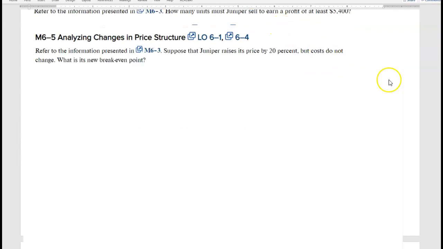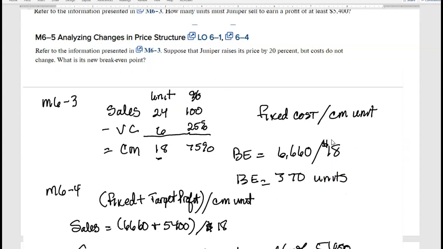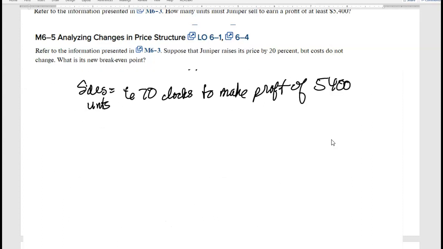M6.5. Suppose they raise their price by 20%, but costs do not change. What's its new break-even point? Well, our original amount here was $24 in sales. They're raising it by 20%.